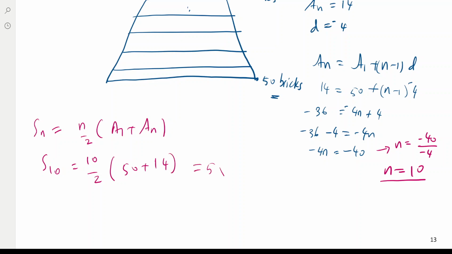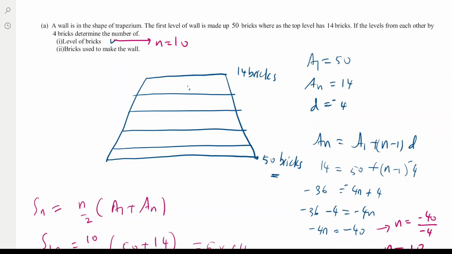So you have 5 multiplied by 64. When you multiply, you get 320 bricks. So 320 bricks are going to be used to make the wall, and we will have 10 levels, dear students.